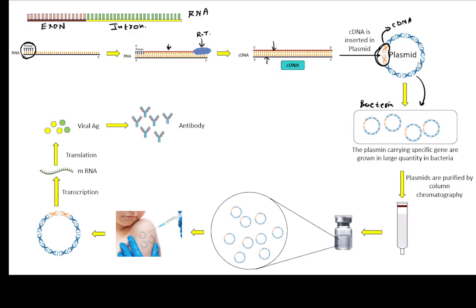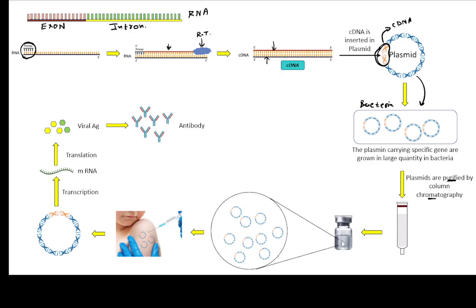After the insertion, we grow the plasmid inside a bacteria, and we collect the plasmid from the bacteria. After the collection, we purify the plasmid by column chromatography. And after the purification, we are making the vaccine.